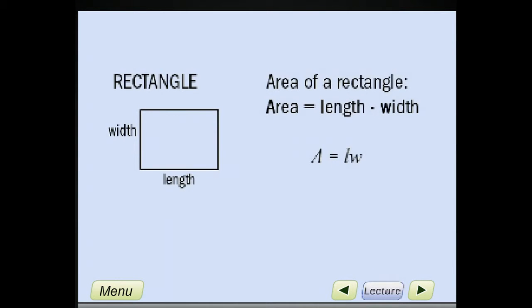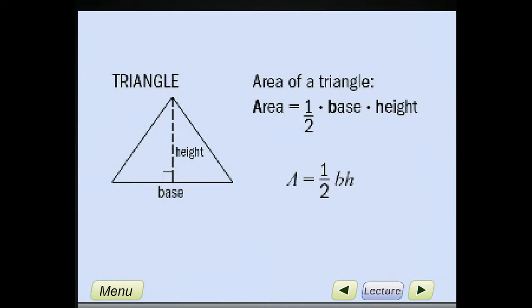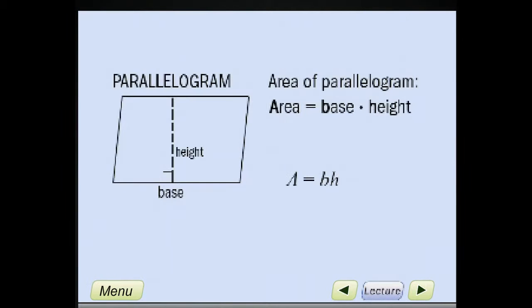The area of a rectangle is length times width. The area of a square is side times side. Also, that is side squared, or s squared. The area of a triangle is 1/2 times base times height. The area of a parallelogram, remember what a parallelogram is?